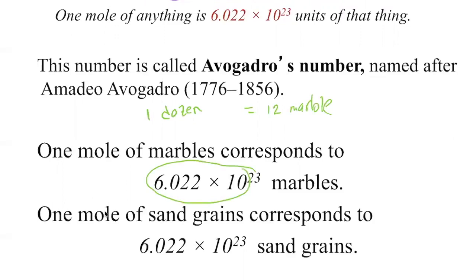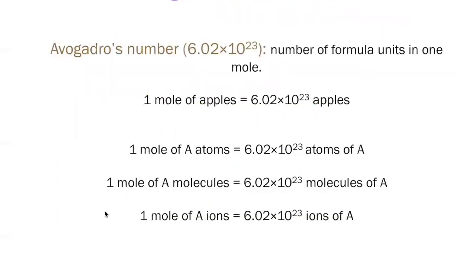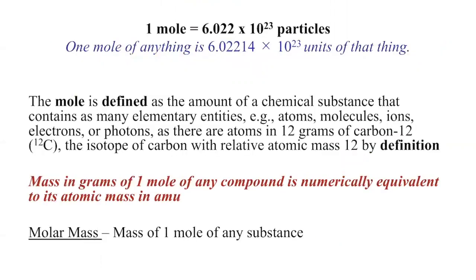Except we're not going to be referring to marbles or sand grains. We're actually going to be referring to atoms of a particular element, or molecules of a particular compound, or ions, or photons. The only thing is we're never going to use grams for that. So the mole is 6.022 times 10 to the 23.